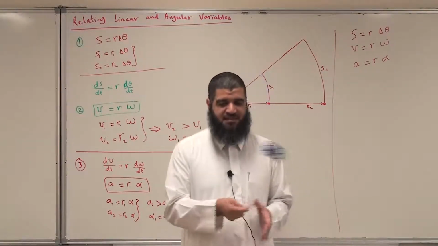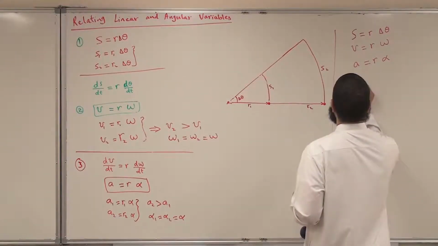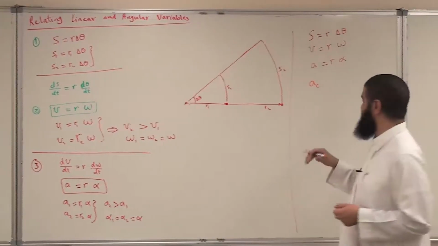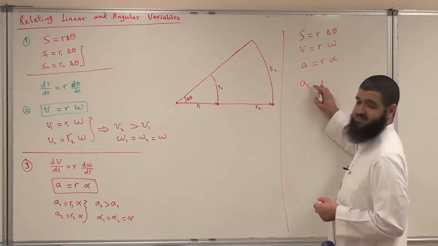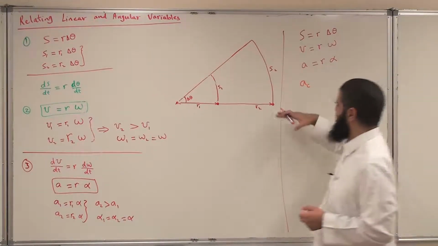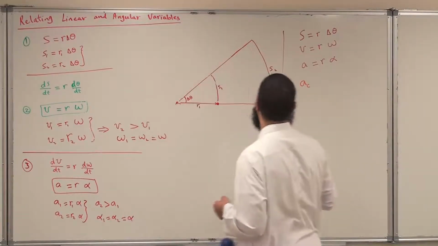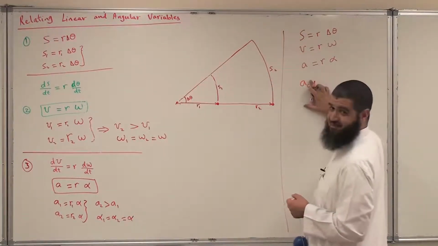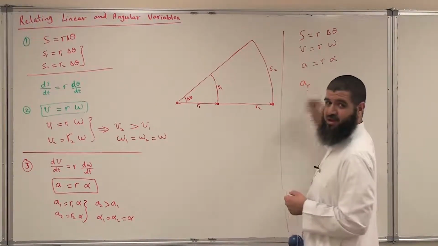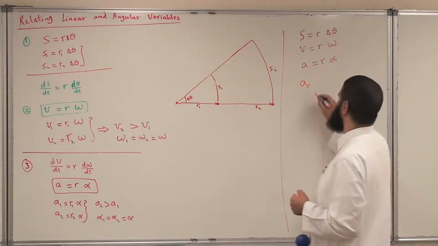How much is that centripetal acceleration? You remember this. By the way, our textbook in this topic calls it AR, radial acceleration. Same thing, because the acceleration is along the radius. It is toward the center. So please forgive me, I'll use this as AR, which is the same as AC, the centripetal acceleration, which we have discussed before.